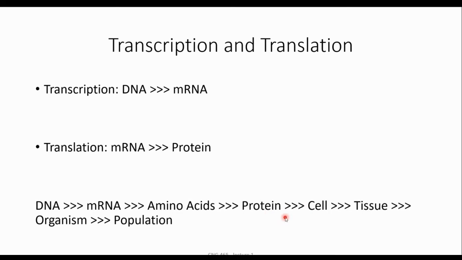So then proteins will create cells, and cells, which are the smallest organisms that we know in our body, will create tissue or more complicated structures in our body, or even multi-protein complexes. And tissues together will create an organism. For example, a human being is an organism.